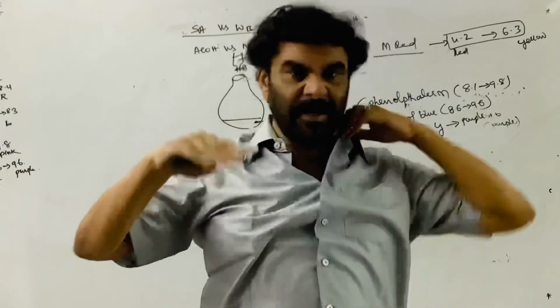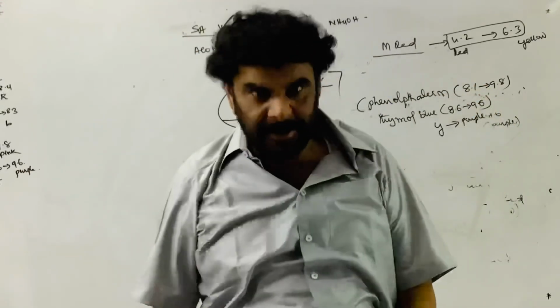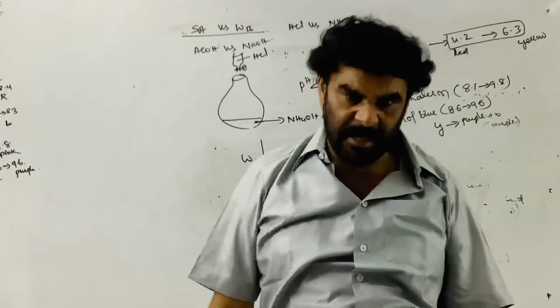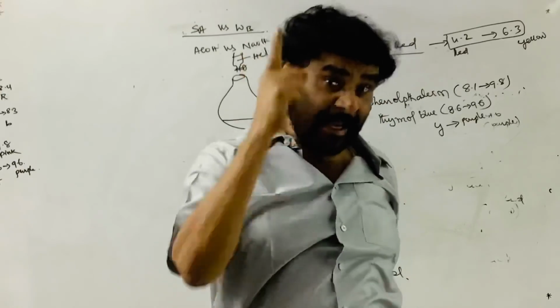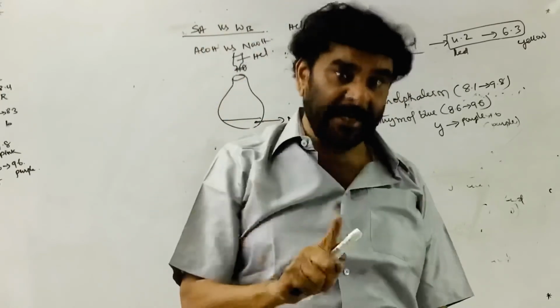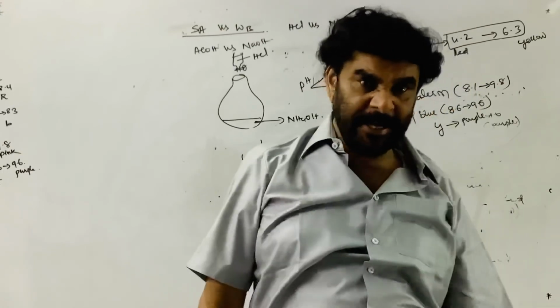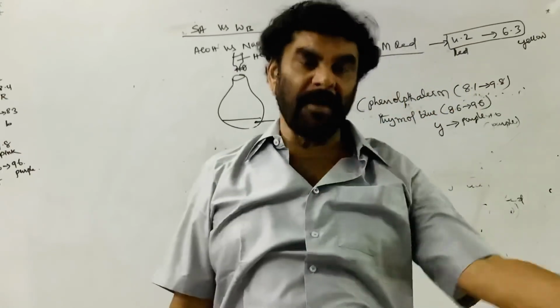Suppose the acid is the titrant and the base is taken in the conical flask. Then finally more acid is added to the system, so at the equivalence point, the end point, the solution is acidic.